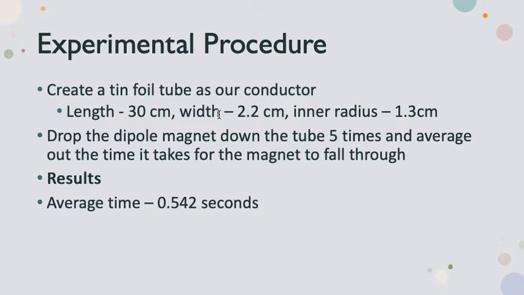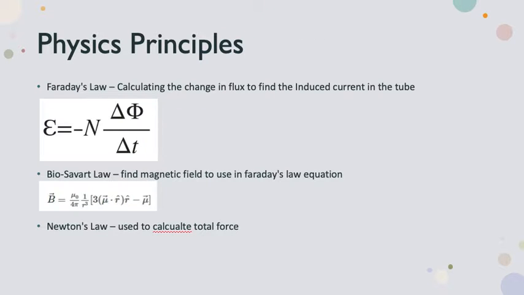The next part of this lab is to calculate the time it takes for a magnet to go through the tube using these physical principles. The first is Faraday's law, which is calculating the change in flux to find the induced current in the tube.